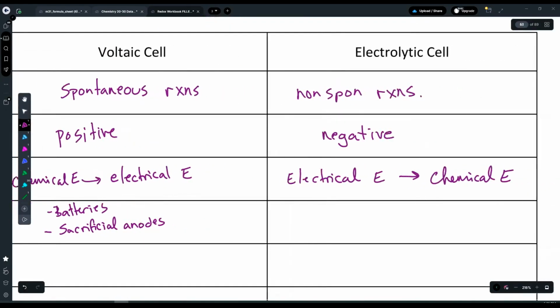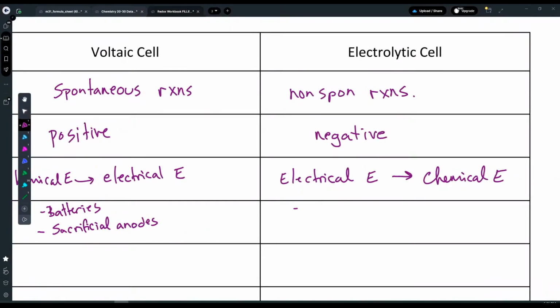Whereas for electrolytic cells, they are useful when you're doing something called electroplating, which is essentially you're covering an object with a pure metal. That's what electroplating is.